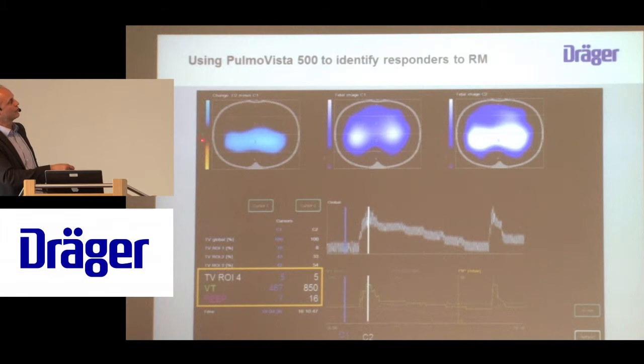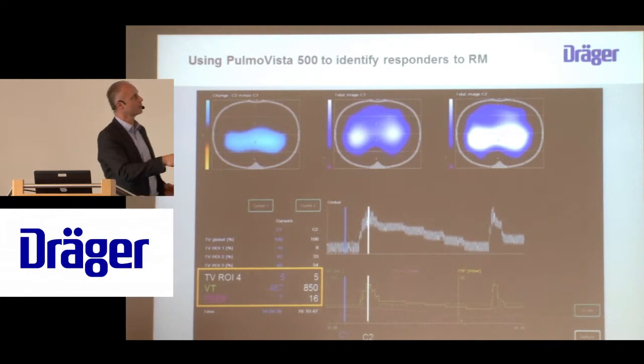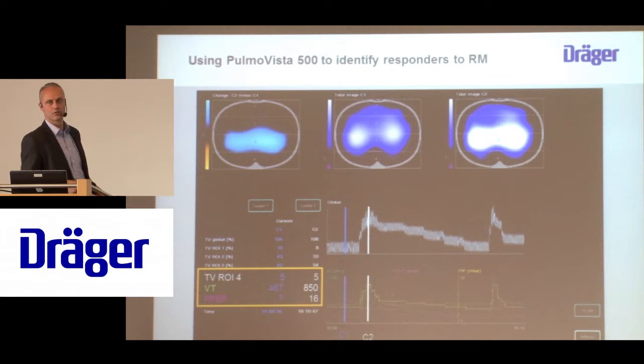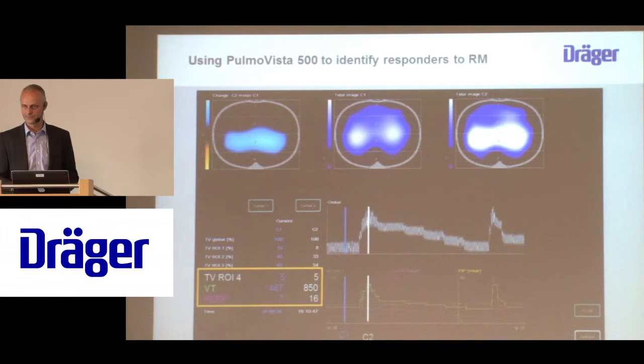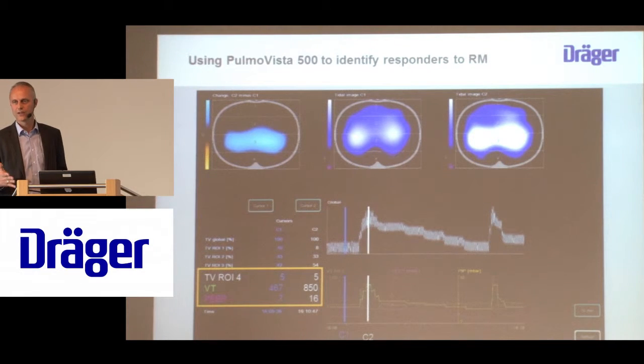On the other hand, because they also increased the driving pressure, you see an increase of ventilation, but it's happening in a region that was already ventilated at the baseline. So it's not really of any benefit. That is a very easy way with EIT to identify how the patient is responding to a recruitment maneuver or any other kind of therapeutic measure.